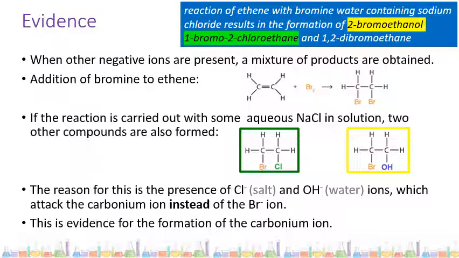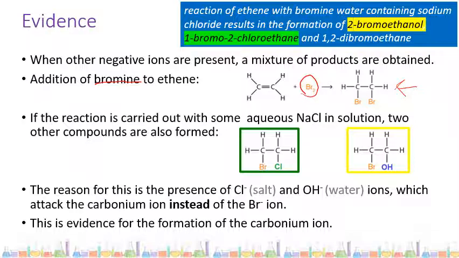So we only had one option for our product. The same goes here if we have bromine and we're adding that to ethene. We only have Br2, so there's only Br- going to be present, and so we only have one option for our product, this one that I'm pointing to here.